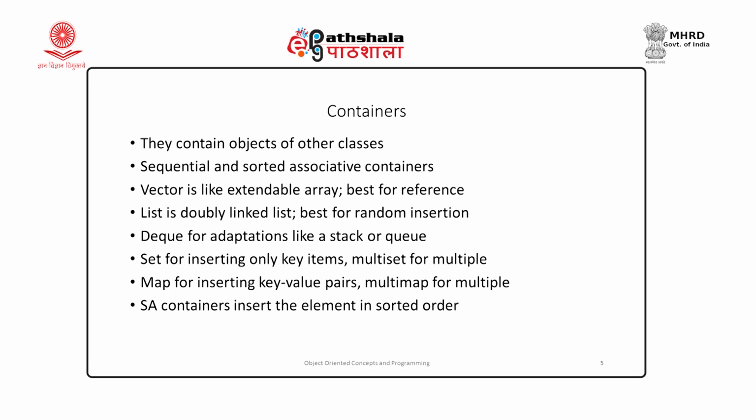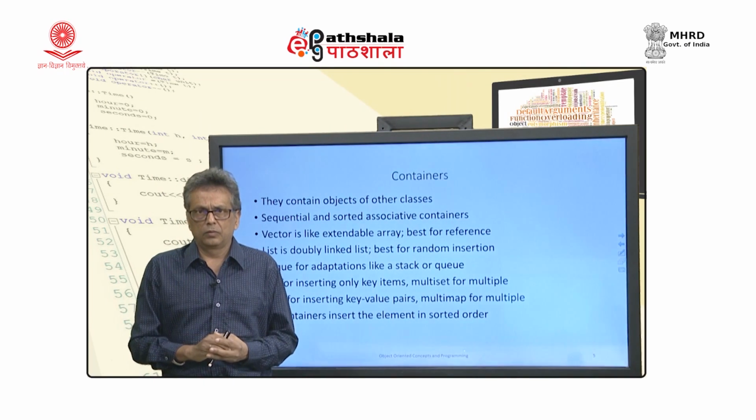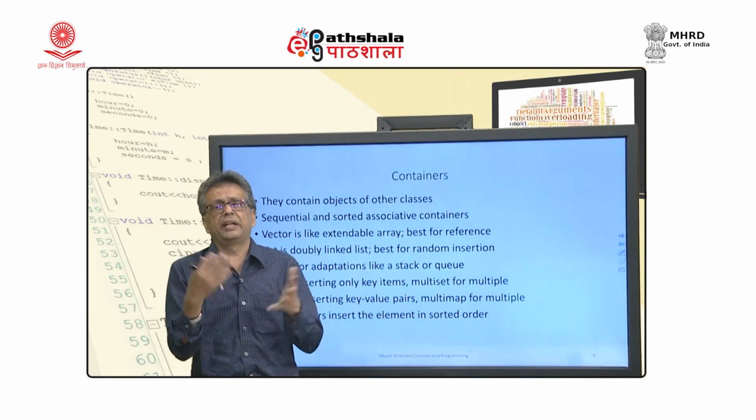Sometimes you can add in the beginning also. Sometimes you can only add at the end and not in the beginning. Some containers allow insertion in the middle also, we will talk about that, but normally with these sequential containers, you insert in a typical sequence and that sequence belongs to you as a programmer. The system does not decide any sequence.